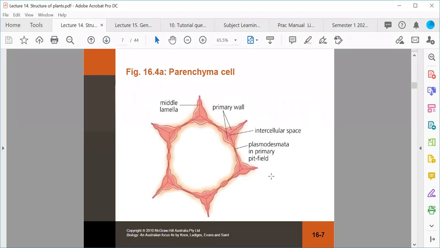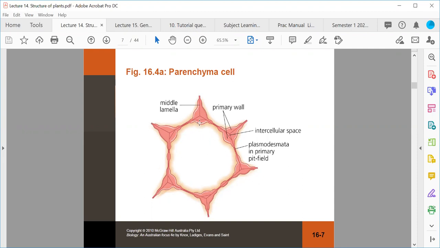And we can see that here. We've got one central cell and then portions of adjacent cells shown around the outside.